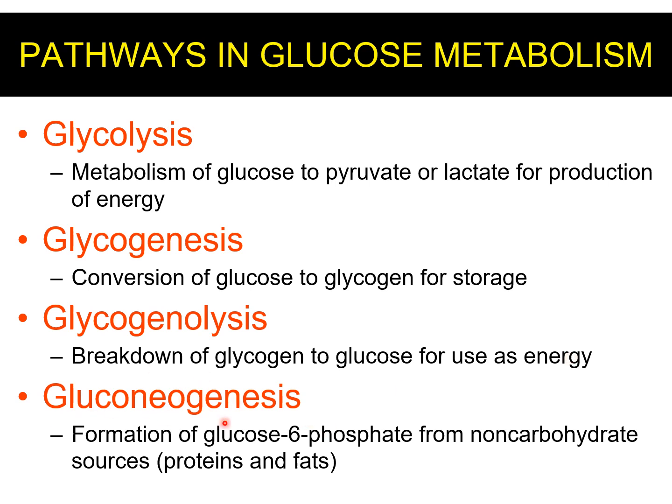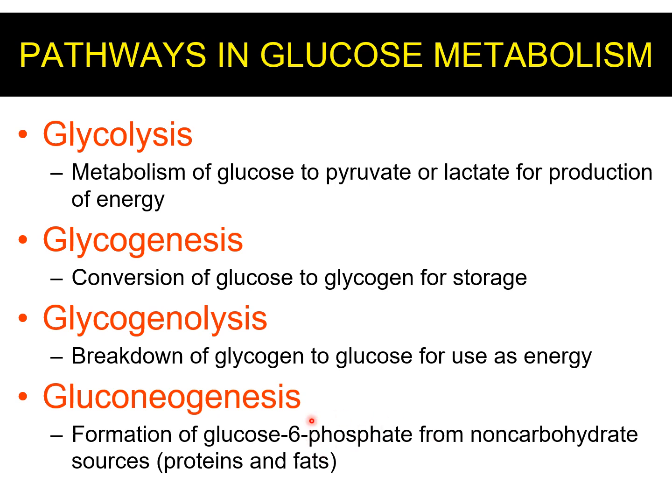Another is gluconeogenesis, which is the formation of glucose 6-phosphate from non-carbohydrate sources such as proteins and fats. Take note that glucose 6-phosphate is where the pathway starts to proceed to the HMP, or the hexose monophosphate pathway, which is very useful for the production of nucleic acids.